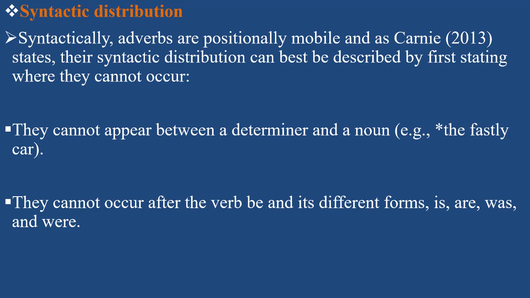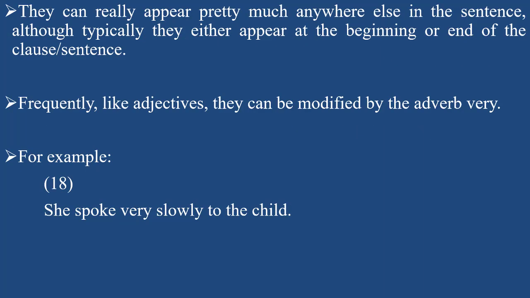They cannot occur after the verb be and its different forms is, are, was, and were. Adverbs cannot occur in this position. They can really appear pretty much anywhere else. So now that we know places where adverbs cannot occur, anywhere else could be a place for adverbs. Although typically they either appear at the beginning or at the end of the clause or sentence.